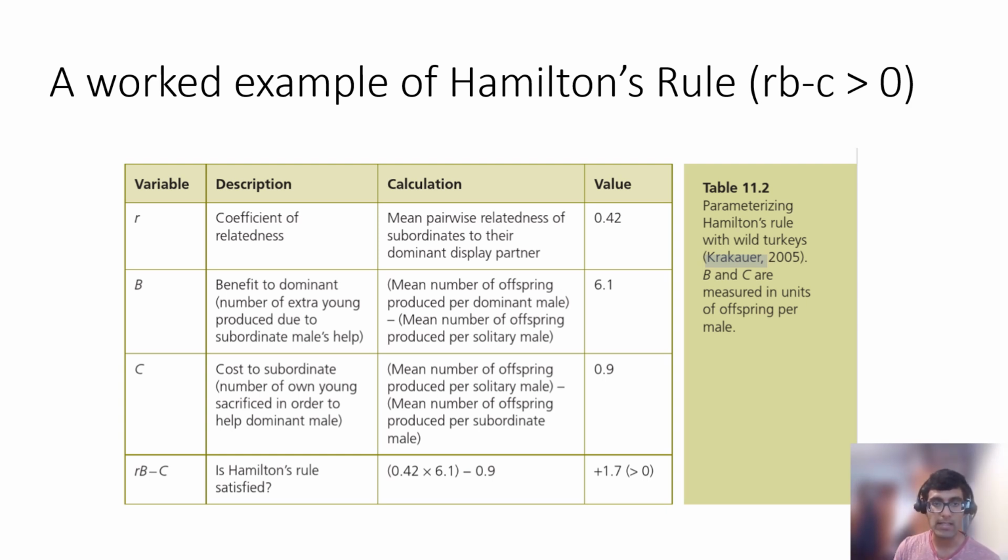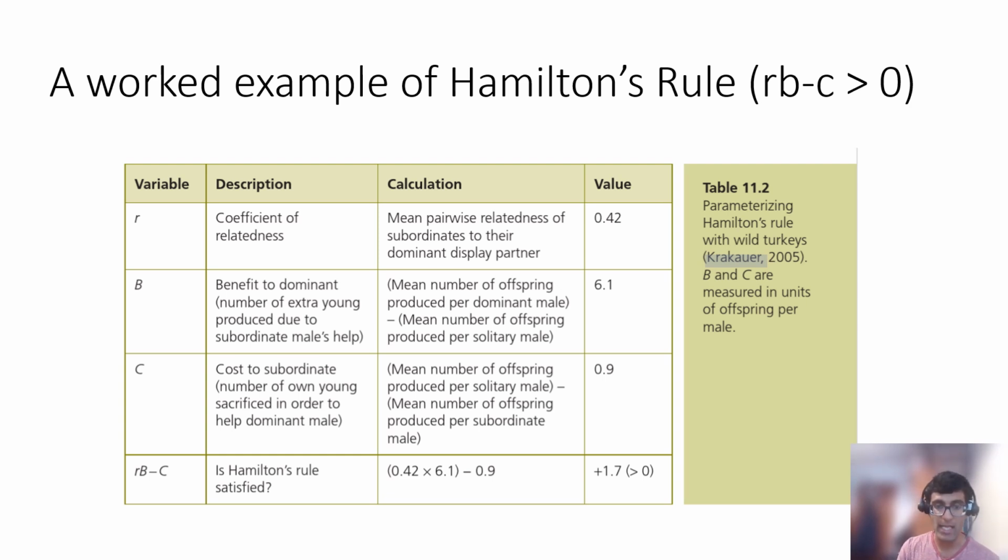This was calculated because the dominant male will produce 7 offspring on average if he's partnered with a subordinate, but a solitary male would only produce 0.9 offspring on average. And so the benefit to the dominant of having the help of the subordinate is 6.1. That's 7 minus 0.9.